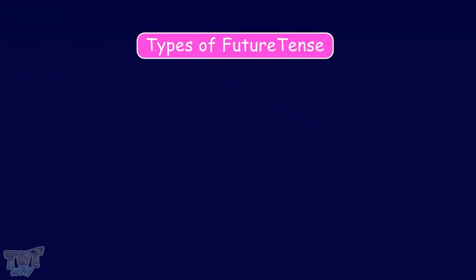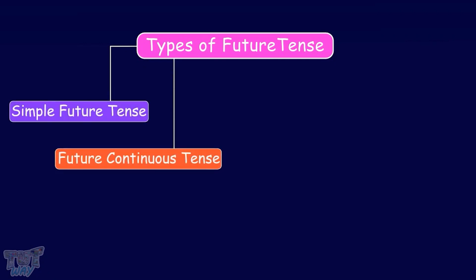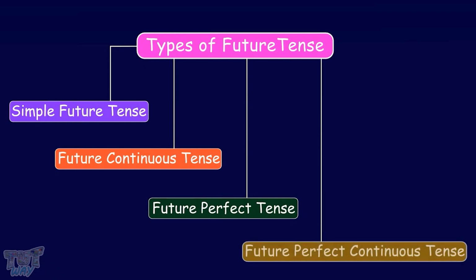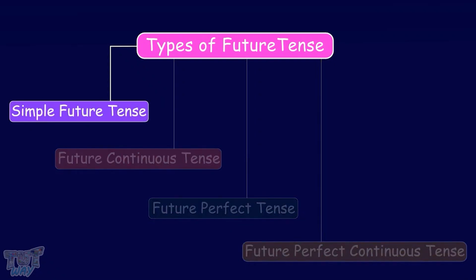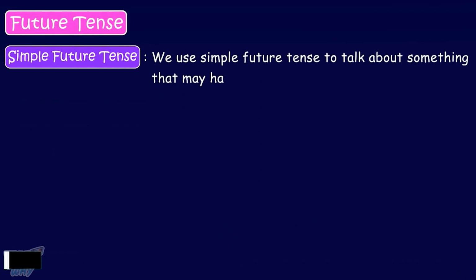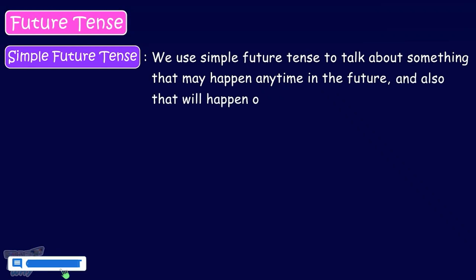Future tense can be a simple future tense, future continuous tense, future perfect tense, or future perfect continuous tense. So let's first learn about simple future tense. We use simple future tense to talk about something that may happen anytime in the future and also that may happen only once.